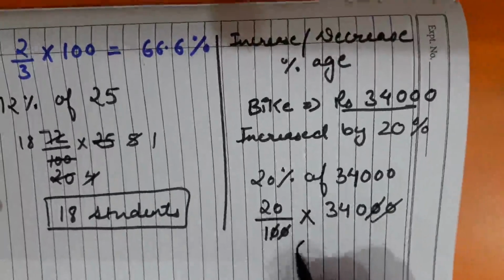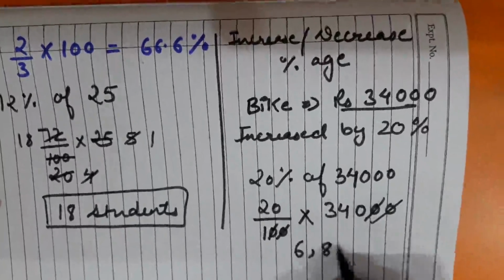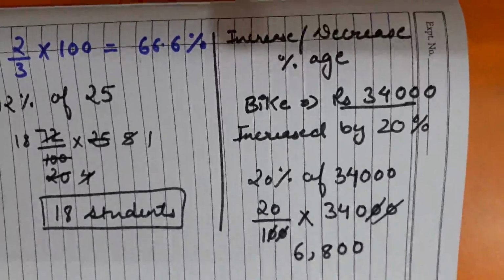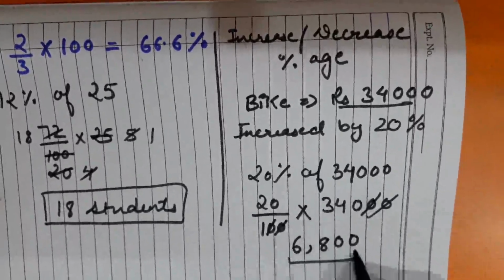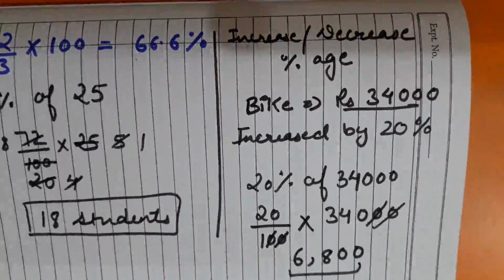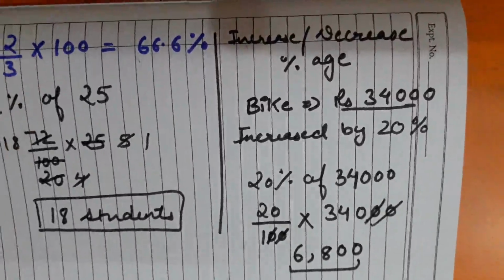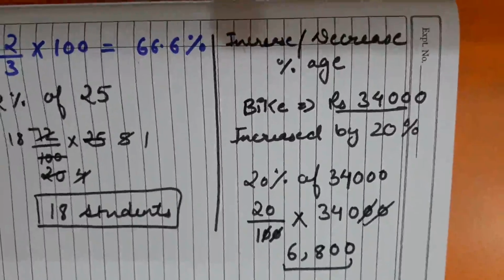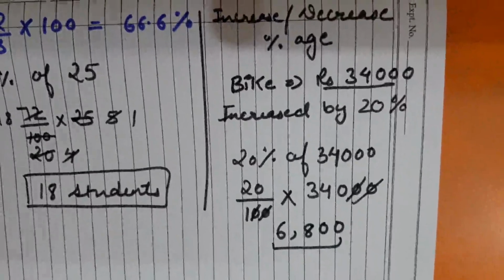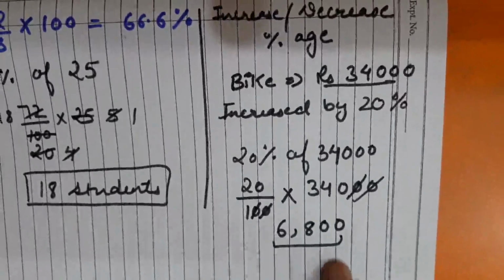You will get 6,800. So this amount will be the increased amount. This is not the price of the bike, because only 20% is the increase on 34,000. So 20% of 34,000 is 6,800.